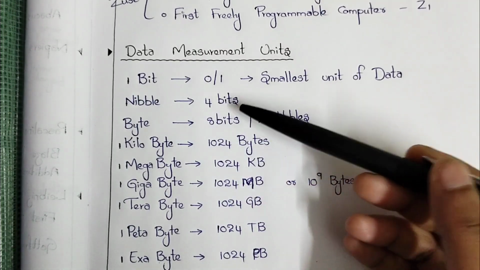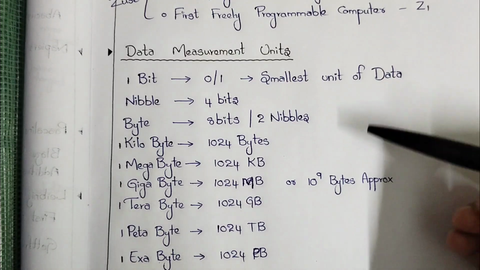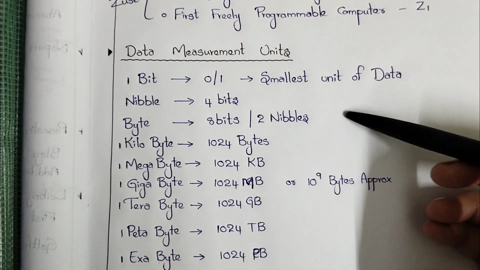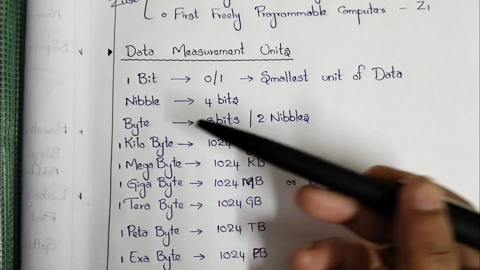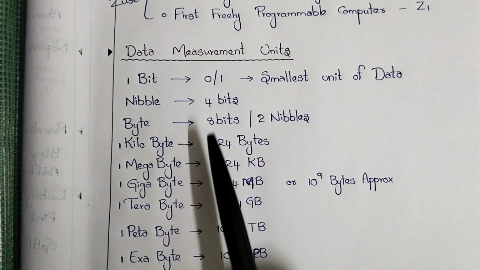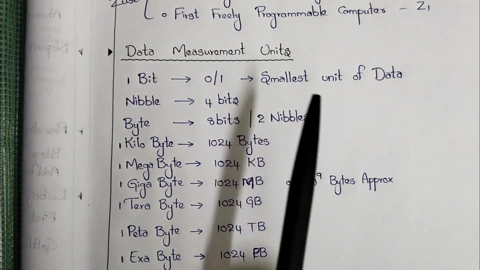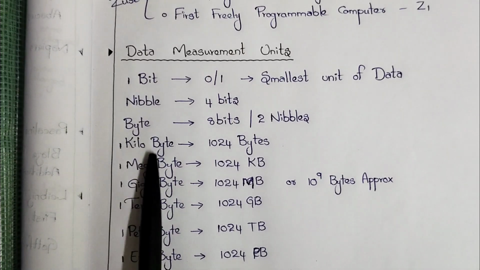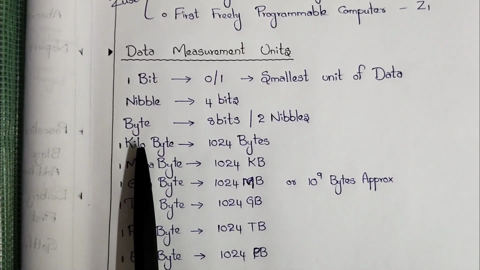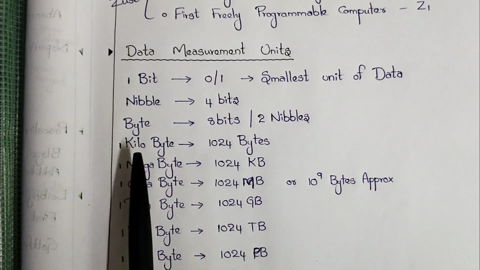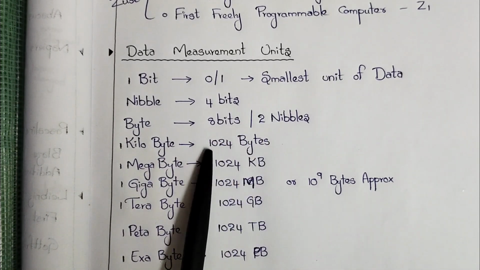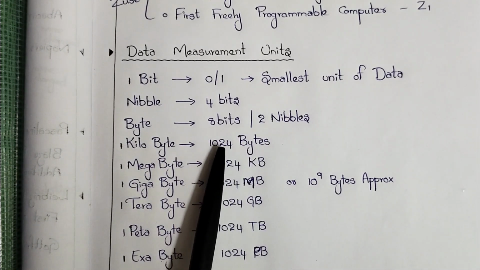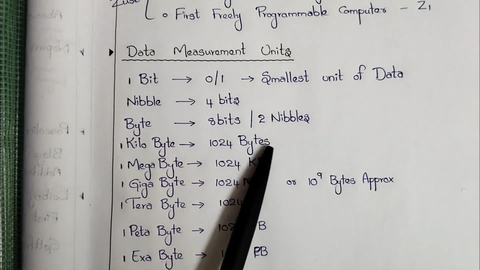A nibble is 4 bits. It means 4 bits together, we call it a nibble. A byte means 8 bits or 2 nibbles. And 1 kilobyte, kilo means 1000, right? But 1 kilobyte is 1024 bytes. Why 1024, not 1000 bytes?